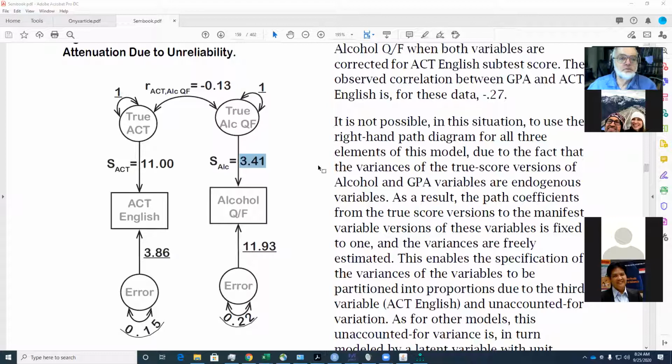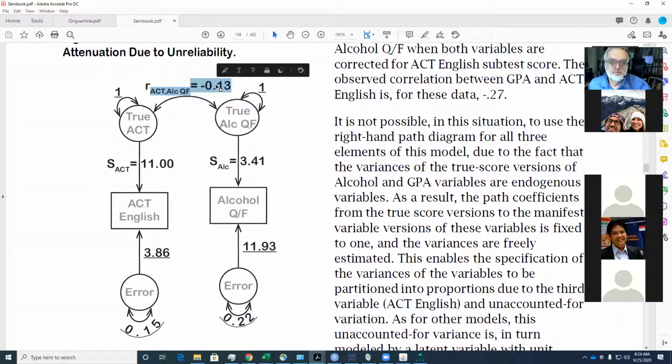And this number represents an estimate of the correlation between ACT and alcohol quantity frequency, adjusted for the effects of measurement error. That's a different number than you would have if you just observed the raw correlation. In other words, this number is going to be larger in absolute magnitude than the raw correlation you would observe.